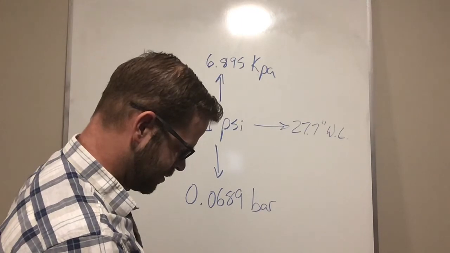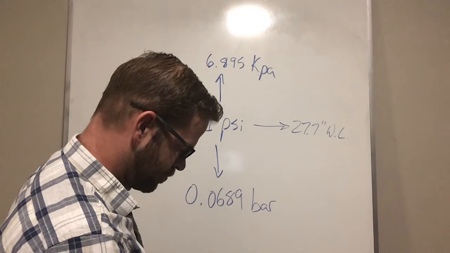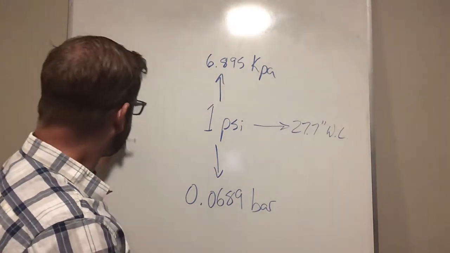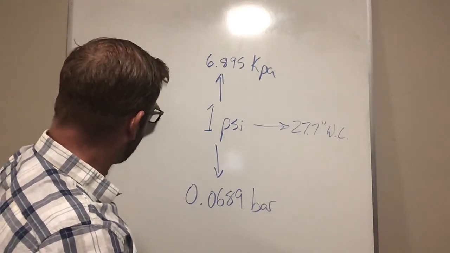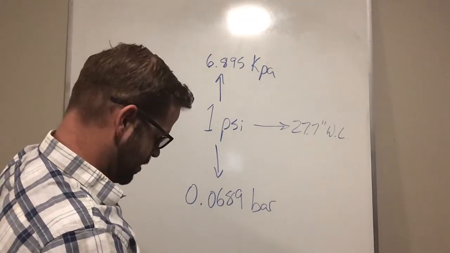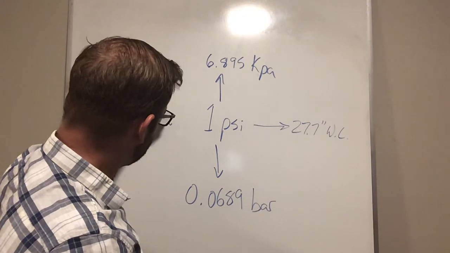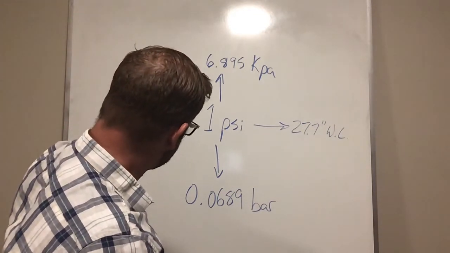And the last one we are going to do is our mercury, and that is 2.04 inches of mercury, which I believe is Hg.